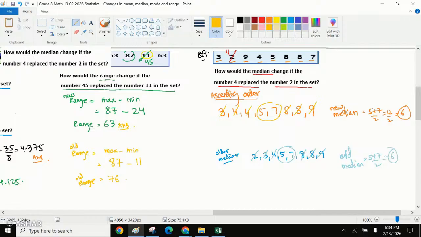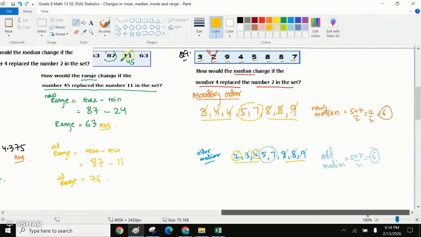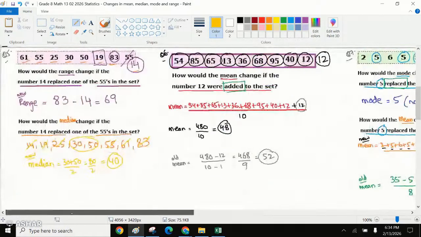Because we were changing the numbers which were already cancelled out. The change was here. If we would have replaced 5 by a 4, then the question would have been very different, okay? So let's move ahead.